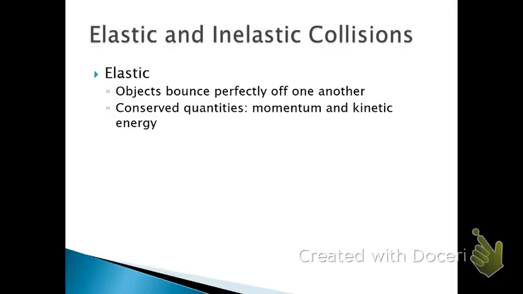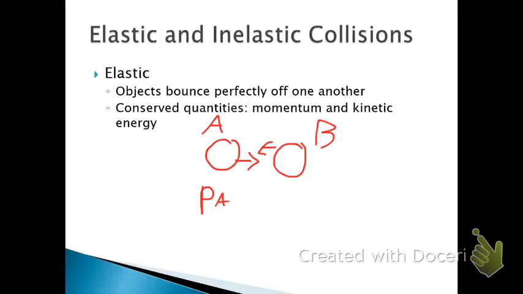So here's what I mean by that. Let's be crazy creative with it, and say I've got a ball, and it hits another ball. I'll call one ball A, ball B, and they collide. I can find initially, before the collision, the momentum of ball A and the momentum of ball B. Through the entire system, I'll just add the momentums together to get the total momentum of this 2-ball system.